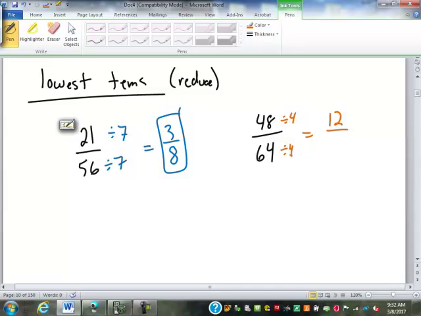And 64 divided by 4 is 16. And they'll stop there. But if you look at that closely, you see that both of those can still be divided by 4 again. 12 divided by 4 is 3, and 16 divided by 4 is 4. So it does reduce to 3/4. So if you're doing that, reducing those or putting in lowest terms, make sure you go all the way. Check to make sure there still isn't something you can divide out.